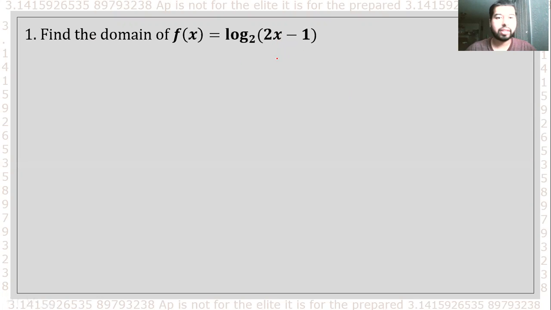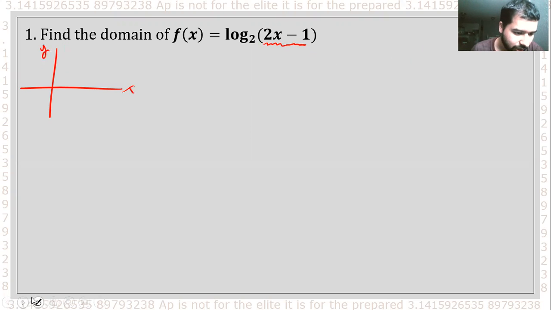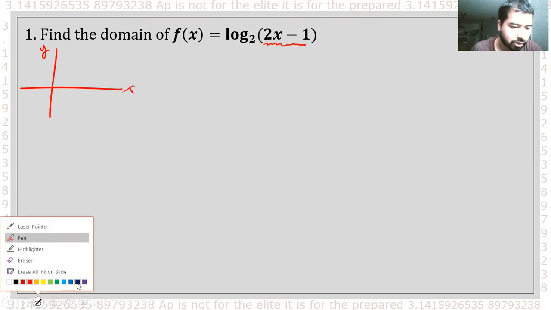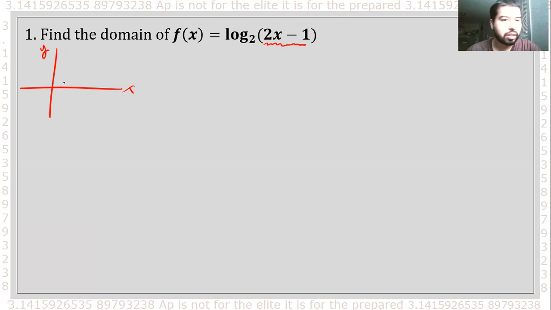We have the following logarithm with a base of 2. If we think back on a logarithmic function, let's draw an xy axis. The logarithm is the inverse of an exponential, so it should look something like this: very, very close to the x-axis, and then it increases like this.